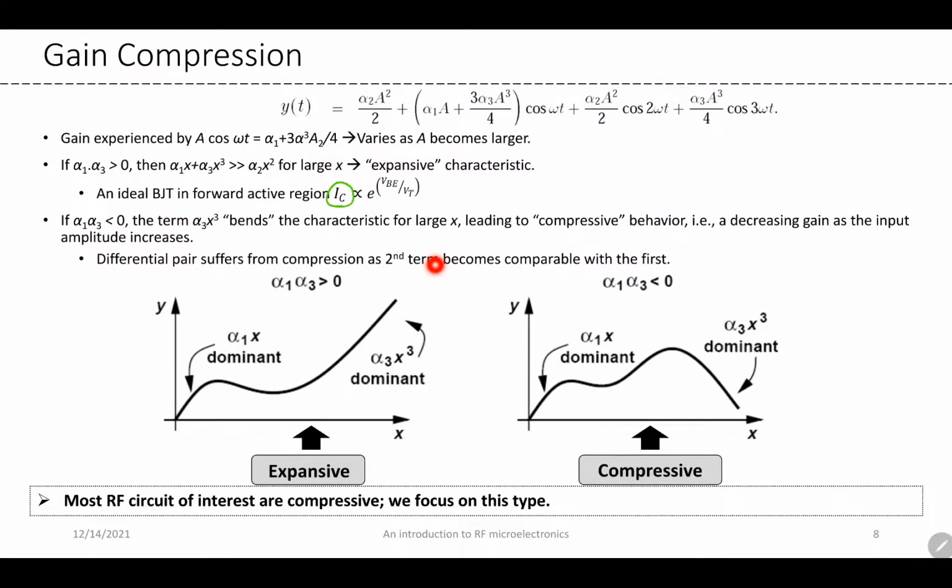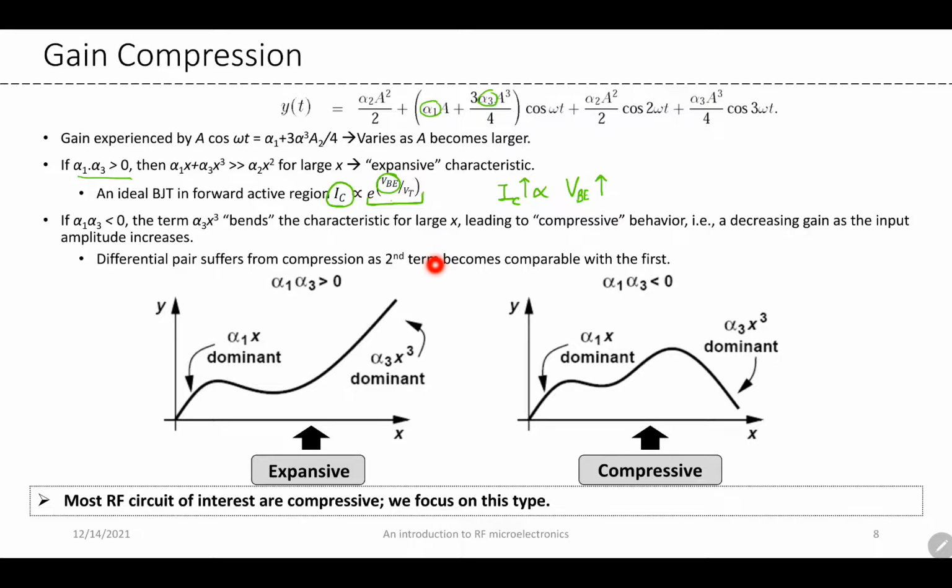So this is your output, this is your input, and if you do an expansion of e to the power x, you'll find that this IC proportionally increases with VBE. As long as VBE increases, IC always increases, because this expansion has all the terms positive and all the coefficients are also positive. So the product is always greater than 0.